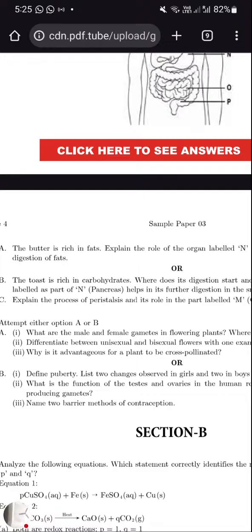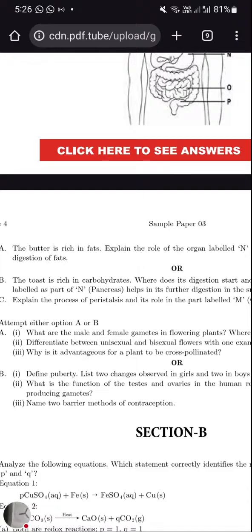Emulsification is a process where the big globules are converted into small ones, which are further acted upon. Bile juice is stored in the gallbladder, and passes via the common bile duct. Through the common duct from the gallbladder it passes to the small intestine, along with the secretion of the pancreas.